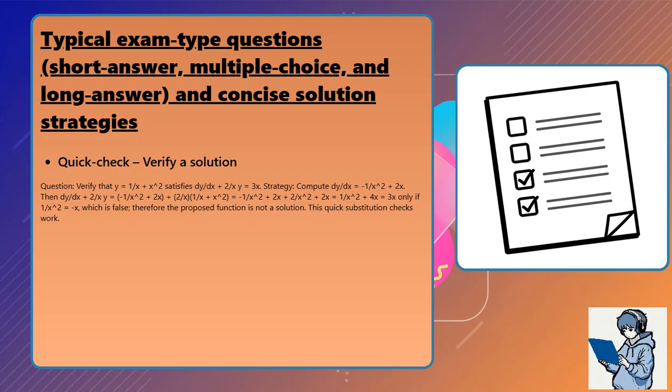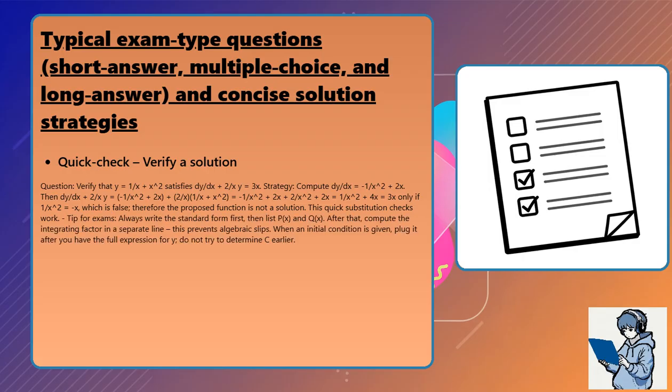Compute dy/dx = -1/x squared + 2x, then dy/dx + (2/x) y equals (-1/x squared + 2x) + (2/x)(1/x + x squared) equals -1/x squared + 2x + 2/x squared + 2x equals 1/x squared + 4x, which would equal 3x only if 1/x squared equals -x, which is false. Therefore, the proposed function is not a solution. This quick substitution check works.